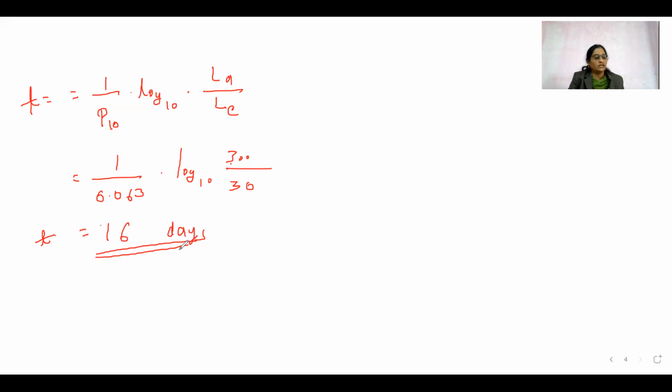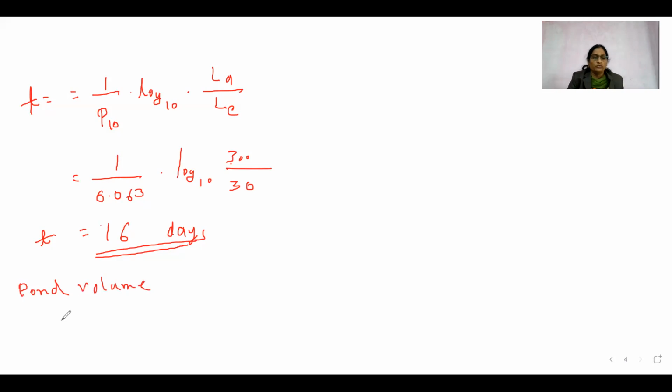Earlier we calculated the areal BOD loading and applied correction factors. Now we will go for the pond volume and pond depth. We will go for the pond volume first.